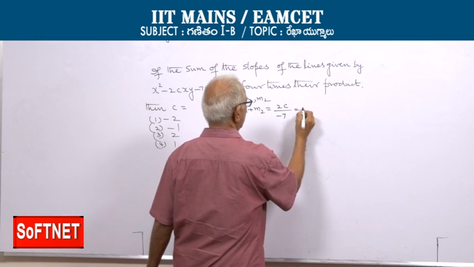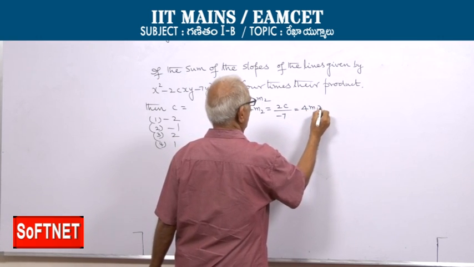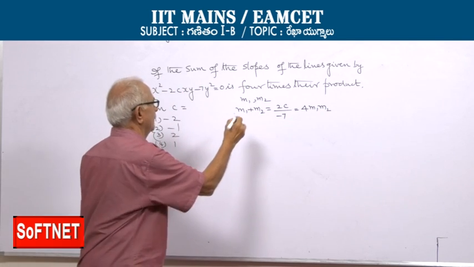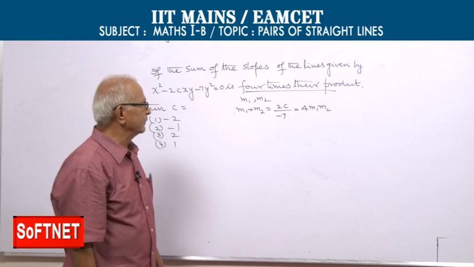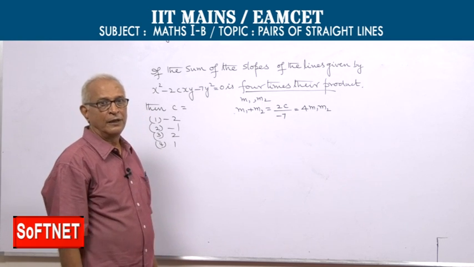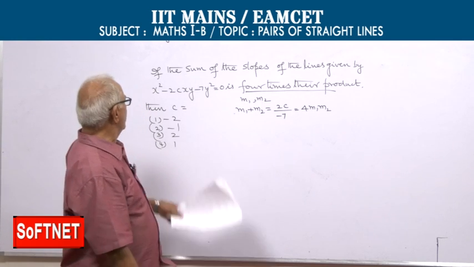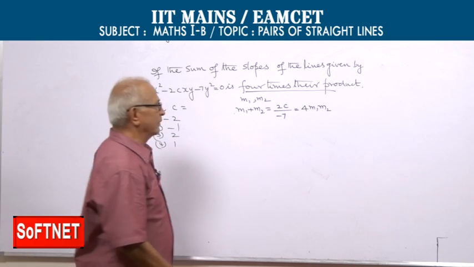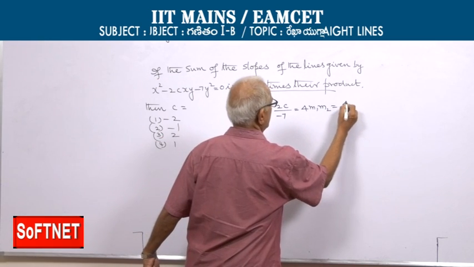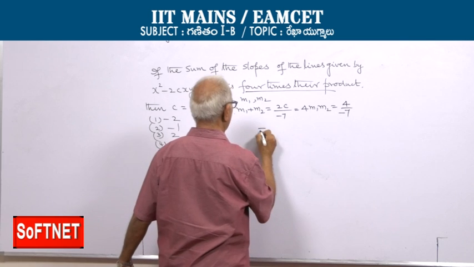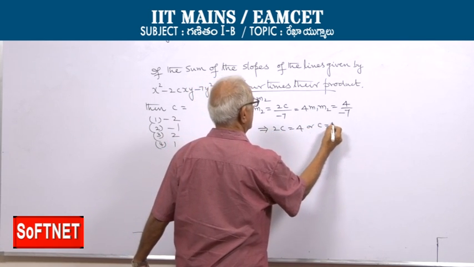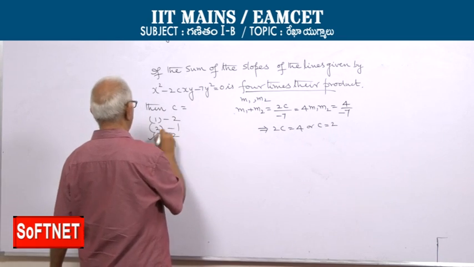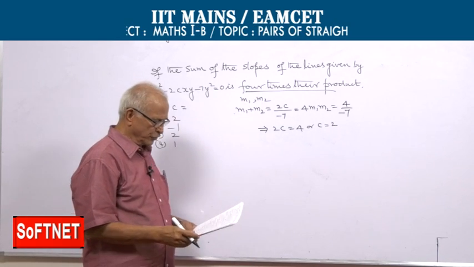That is equal to 4 times m1 m2, 4 times their product. m1 m2 is a by b. a is here 1, b is minus 7. That gives you 2c equal to 4 or c equal to 2. So that's the value of c, which is 2.